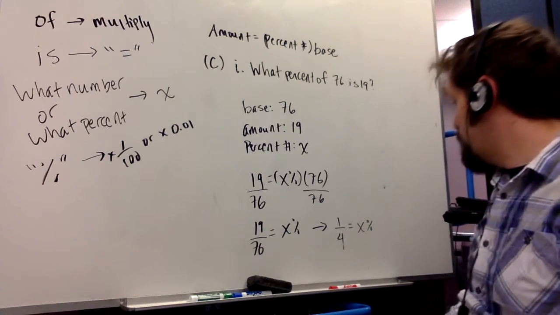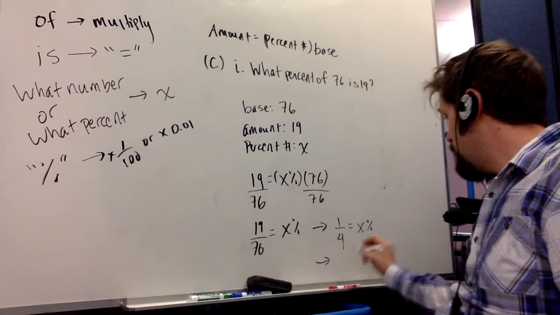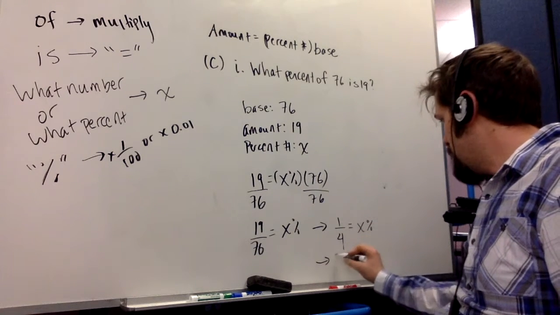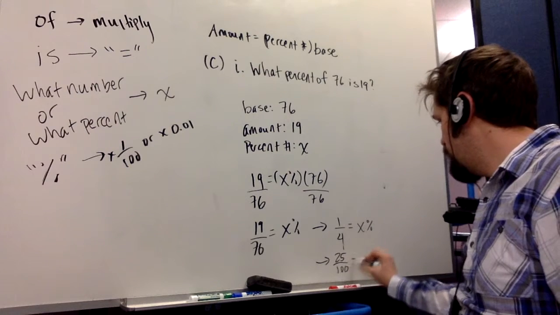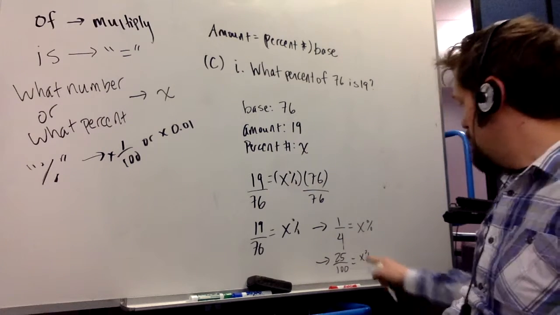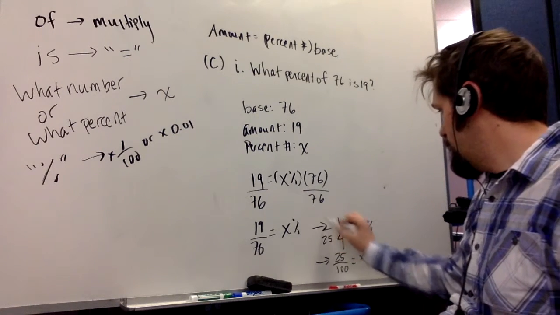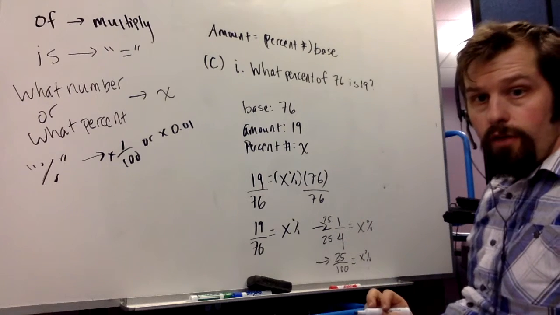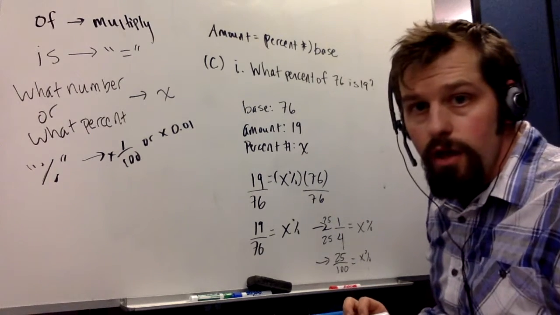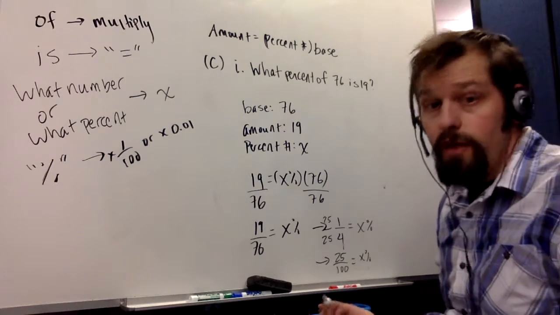So that's x percent, but then we know that that is the same as 25 over 100 equals x percent, because I can multiply this by 25 and this by 25. So therefore, 25% of 76 is 19.